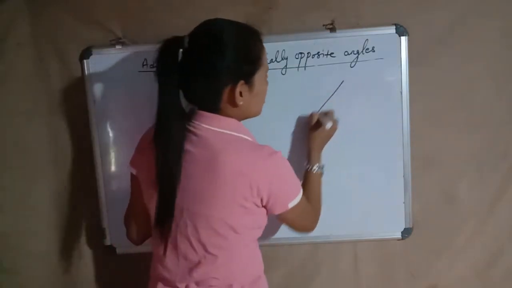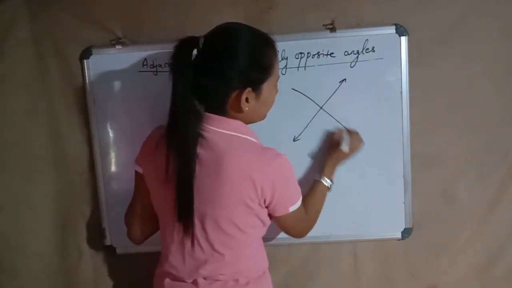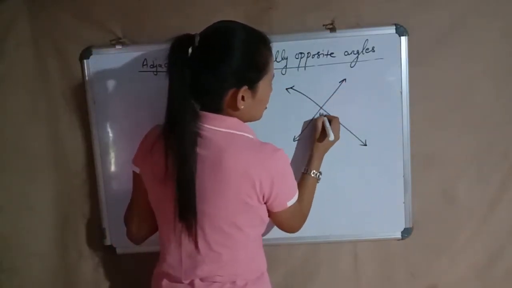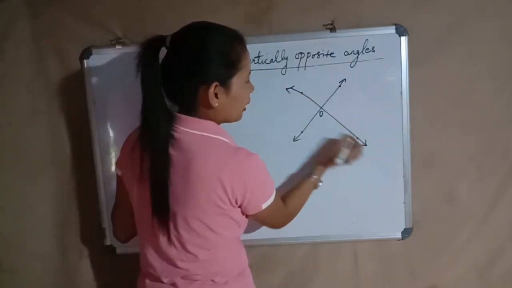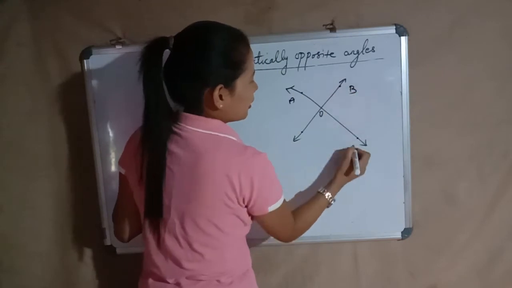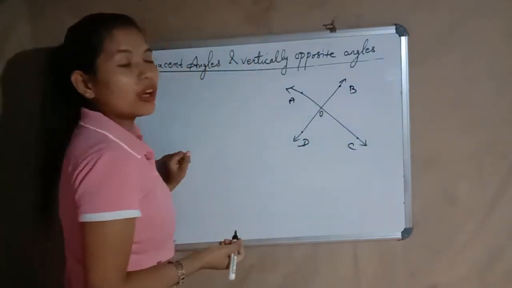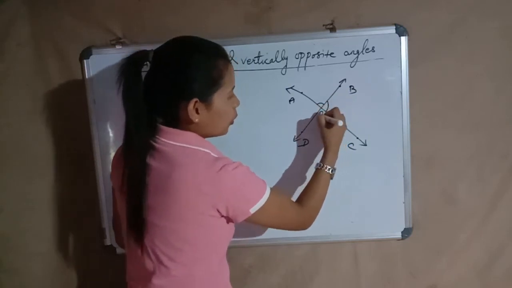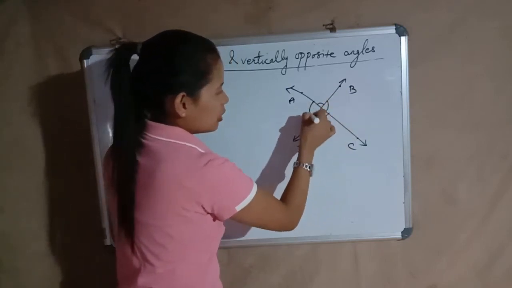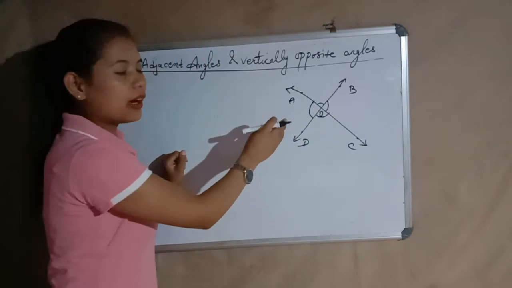Let us take an example. This is a common vertex, and let us name all these A, B, C, D. Here you see that there are 4 angles being formed at this vertex O, right? So these are the 4 angles that are there.